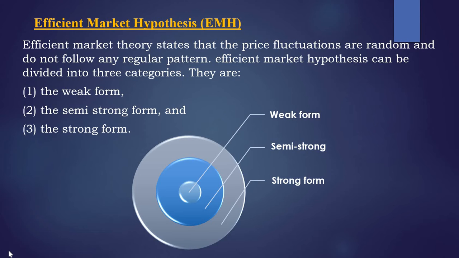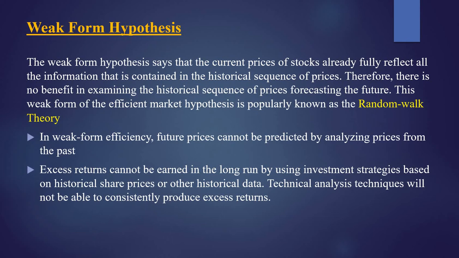Okay, so this efficient market hypothesis can be divided into three forms. Okay, one is weak form, second one is semi strong form, and third one is strong form. Okay, now we'll see one by one. First one is the weak form of hypothesis.